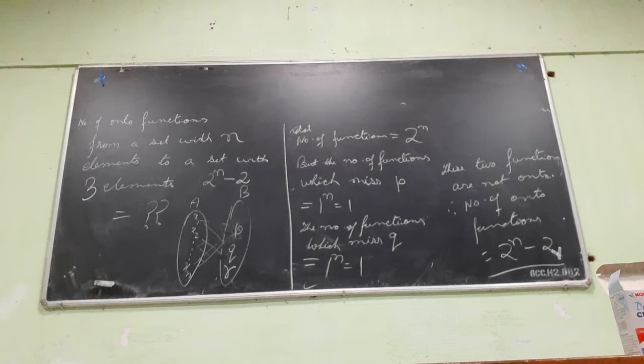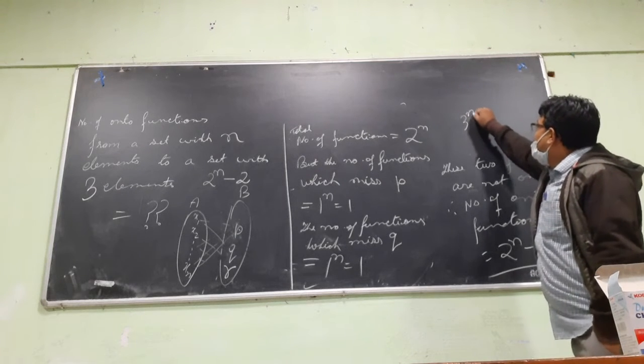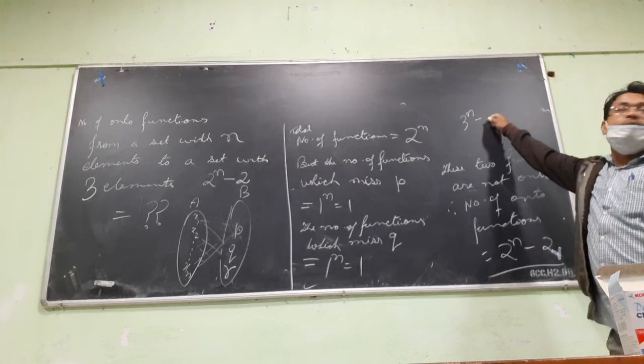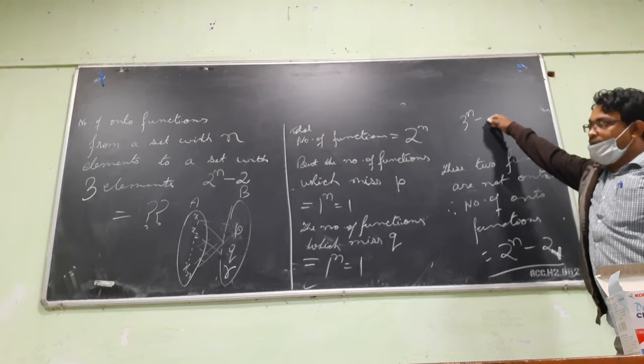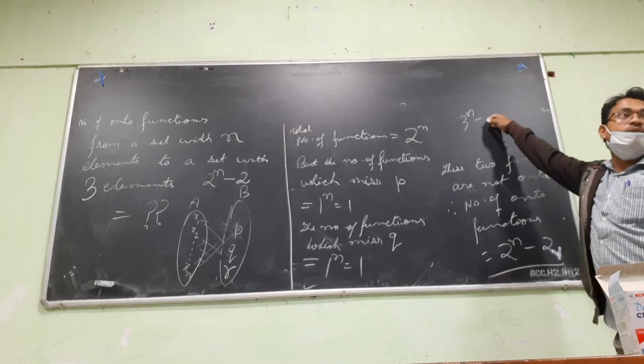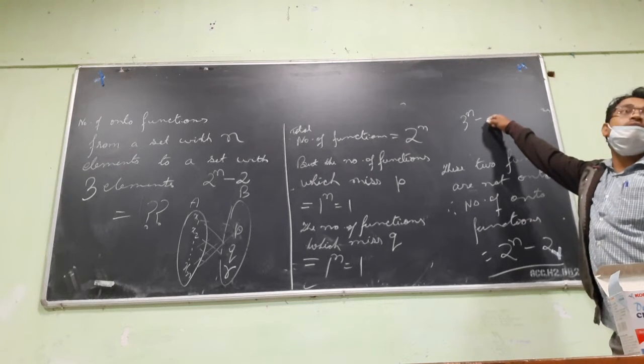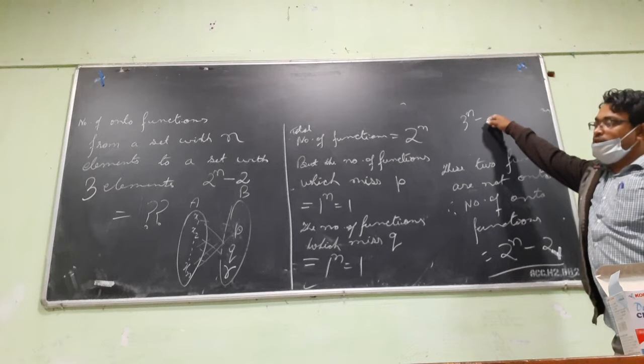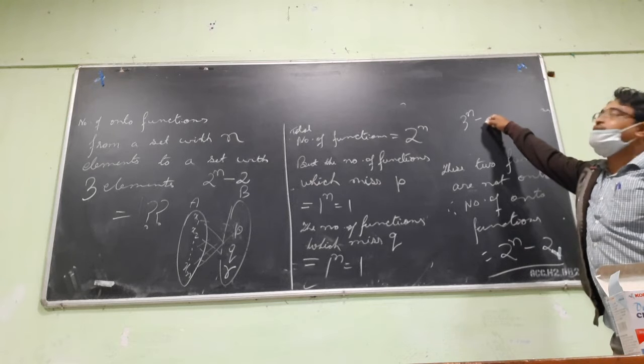So it's the same system: 3 to the power n minus what? Number of functions which go to p only but not r. What is that? The number of functions which do not go to r is what?